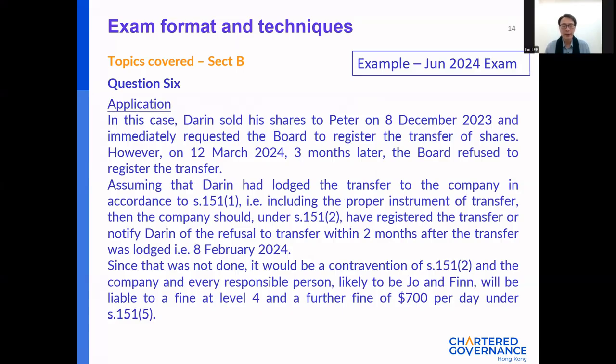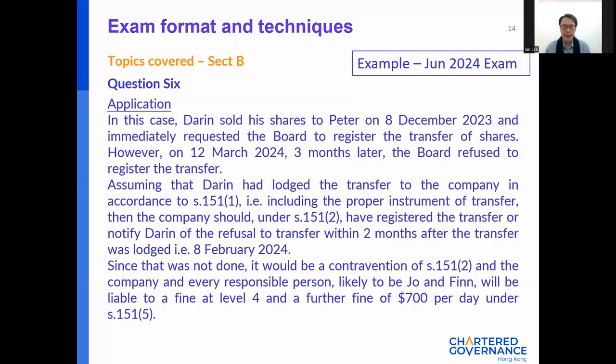So assuming Darren has done what he's supposed to do under subsection 1 of section 151, and that is lodge the transfer with the company, including the proper instrument of transfer, then the company should, under subsection 2, either register the transfer or notify Darren of the refusal to register, I guess, within 2 months.